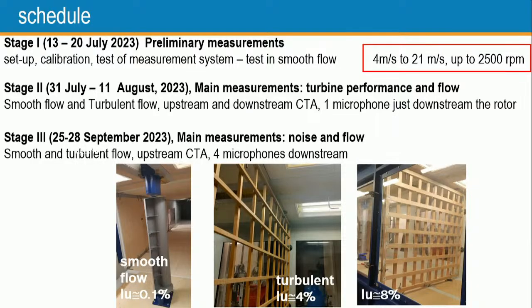All measurements in the different conditions were carried out with wind tunnel wind speed ranging from about 4 meters per second to more than 20 meters per second. Finally, in stage 3, all measurements were repeated, but with the main goal of measuring acoustic emissions by use of the 4 microphones.